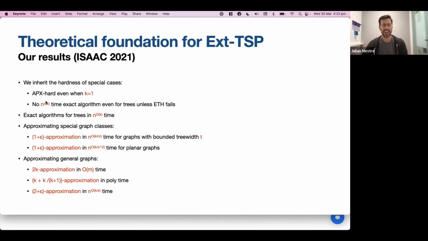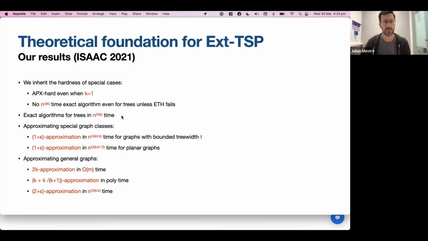No, you cannot expect to get that. This is the best running time for this problem. And you cannot reduce it to the similar algorithm for bandwidth; you need to do a lot more work to get this to work. So even the tree case is a tough case for Ext-TSP.